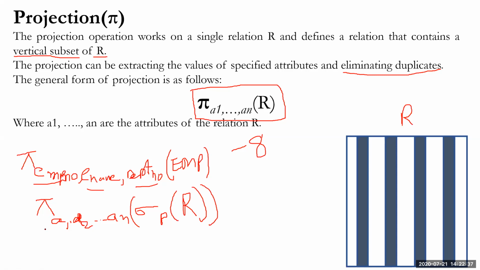The combination must always be like this. Selection must always be the inner operation, and projection must always be the outer operation. Please remember this.